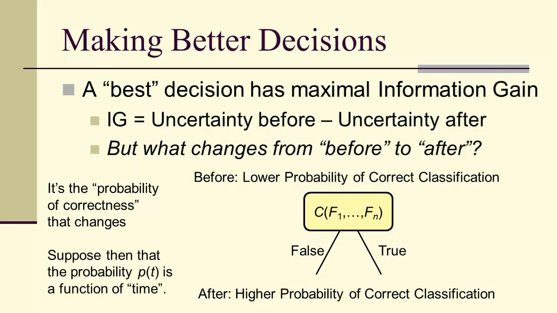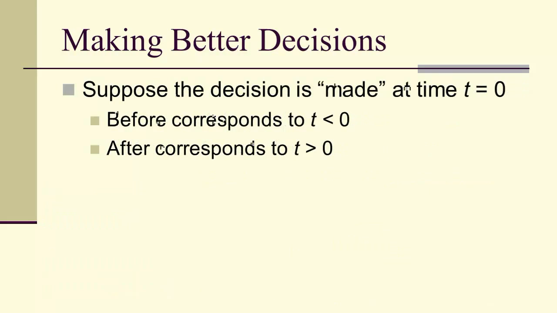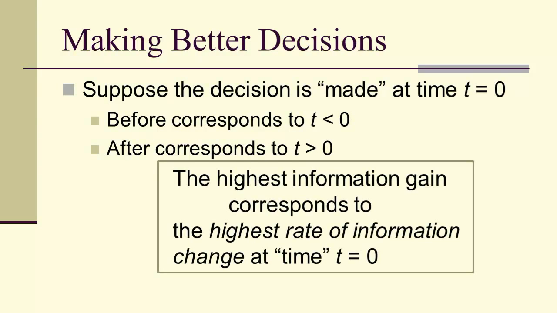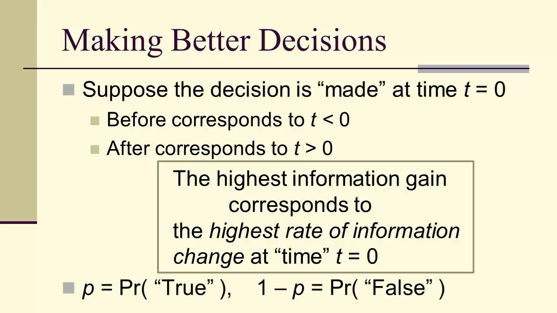And so we're going to suppose that in some abstract sense, the probability p(t) is a function of time. And we're going to suppose that we make a decision at time t equals 0. The highest information gain is going to correspond to the highest rate of information change at time t equals 0.